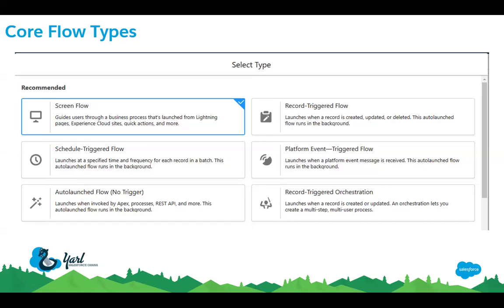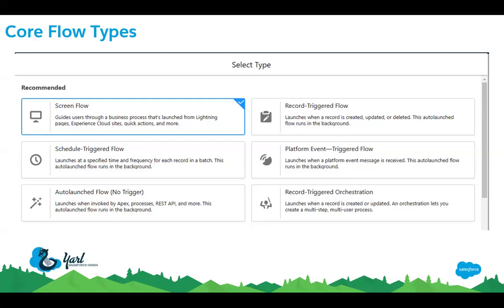The best example is sending a happy birthday email or SMS at 12 a.m. every day. So what you will do? You will create a schedule triggered flow that should run at 12 o'clock every day. It will get the data, your birthday is today, and it will send a happy birthday email, right? So that's another scenario. For that, we will be using schedule triggered flow.